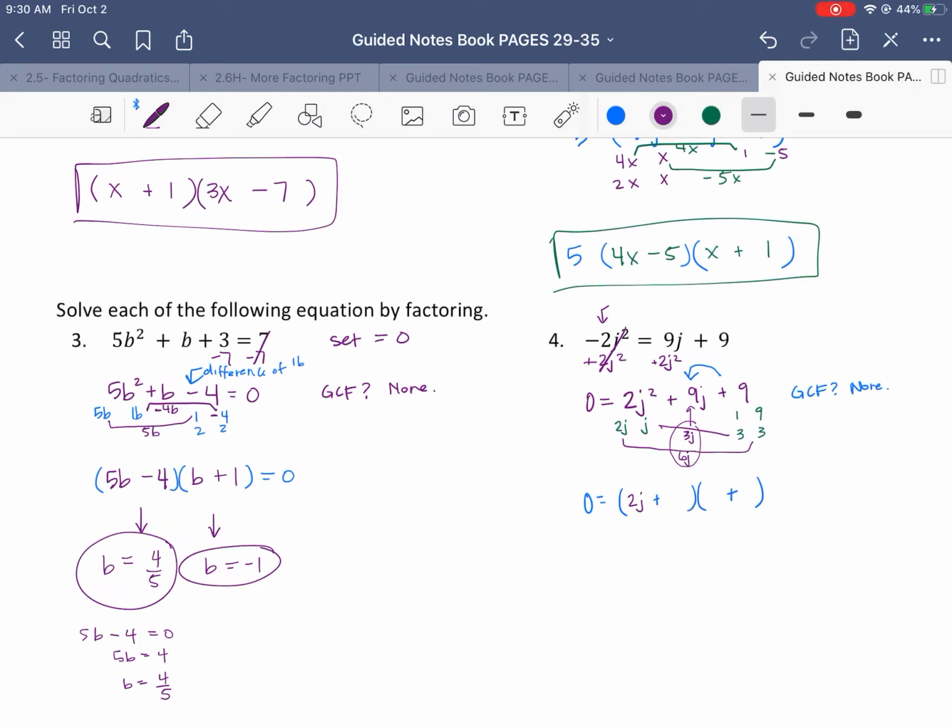So that works perfectly. We just know that we're going to have 2j, and we want it to multiply by the 3, but both factors on this are 3, so that works out pretty nice. Again, that's factored. Now we want to solve, so we state the solutions. We would have j is equal to negative 3/2, and j is equal to negative 3.